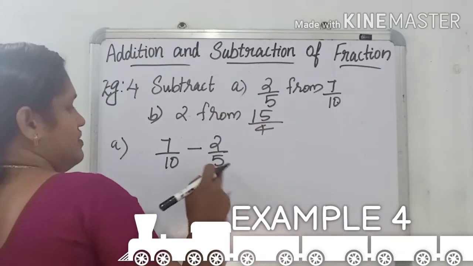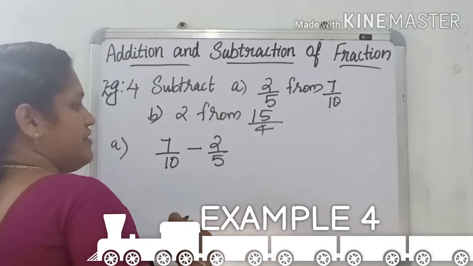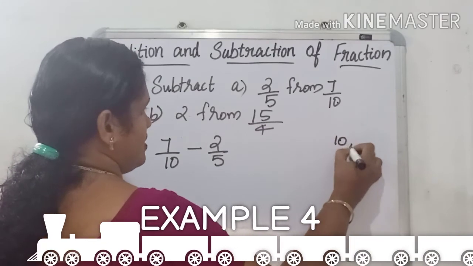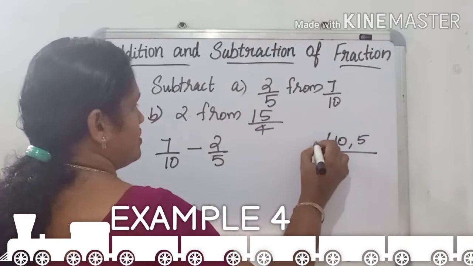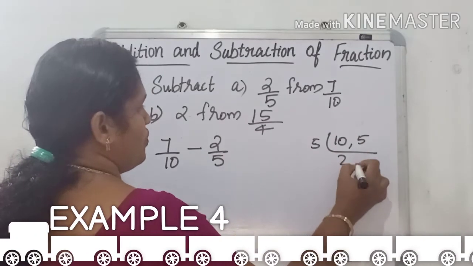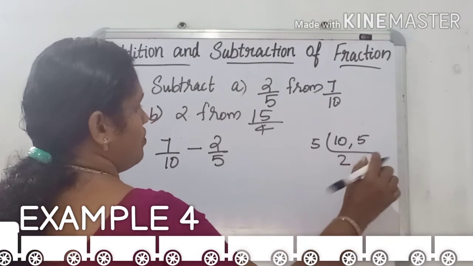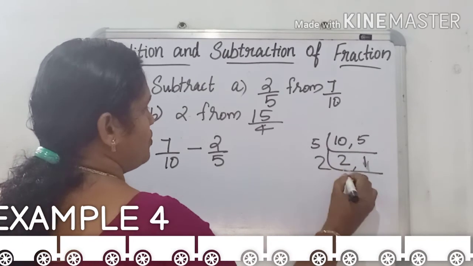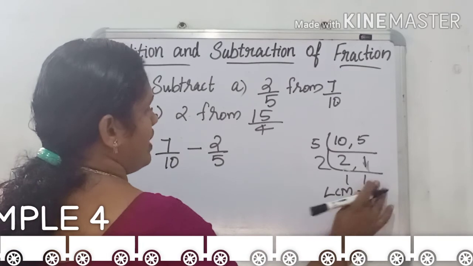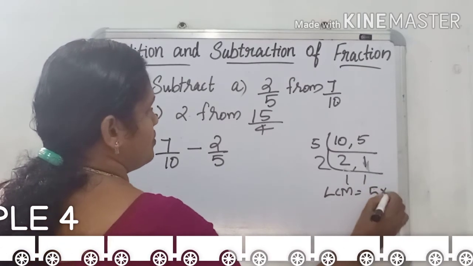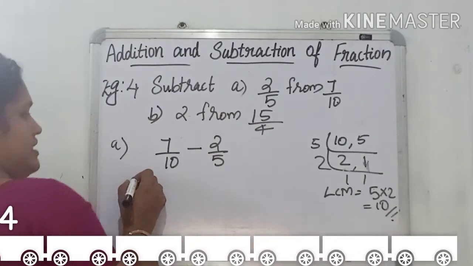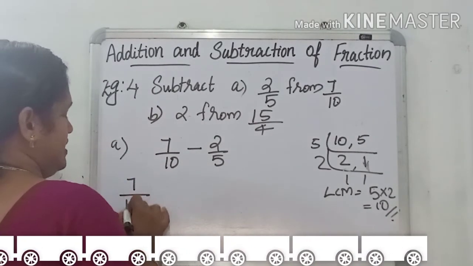Here denominators are different. So first we have to find the LCM. 10, 5. 5, 2, 1, 2, 1, 1. So LCM equals 5 into 2, 10. Then 7 by 10.